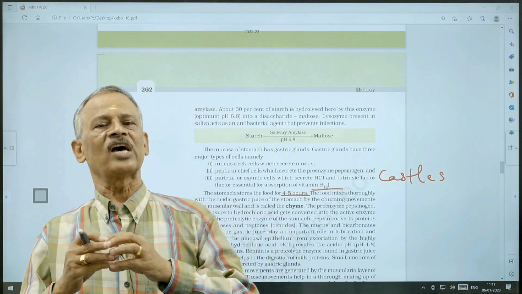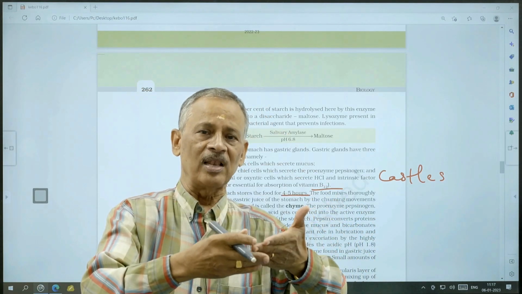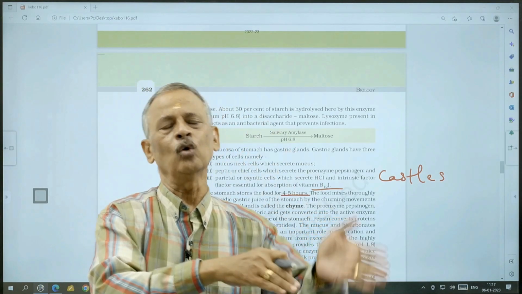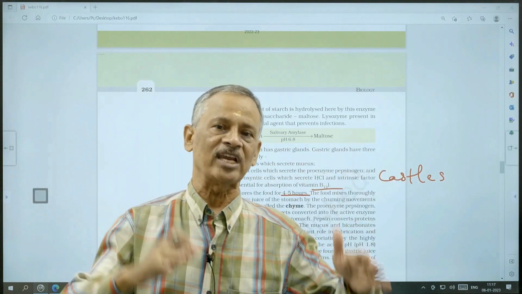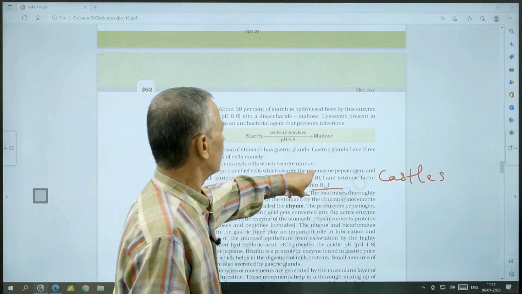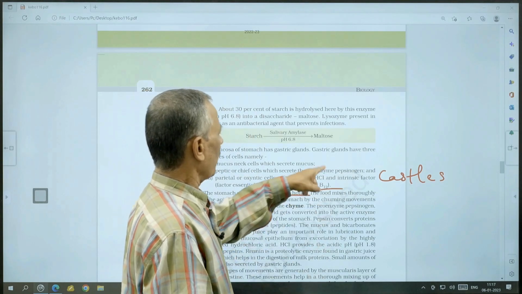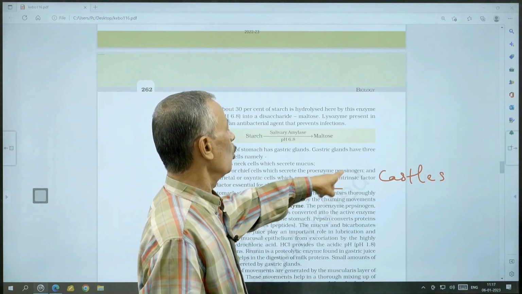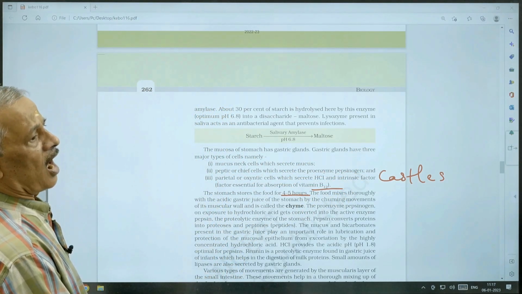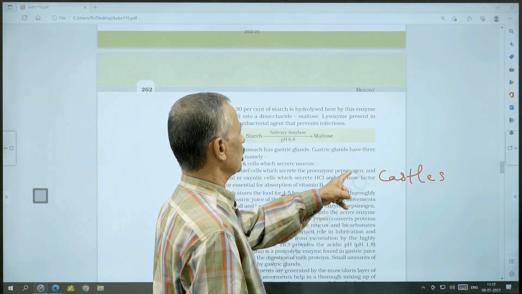When this proenzyme comes out of the gland, some factor will activate it, and that's how the proenzyme is converted into active enzyme. This is called activation. Similarly, we have the proenzymes pepsinogen and prorenin. Pepsinogen is converted into pepsin by the action of HCl. So HCl is also responsible for activation of pepsinogen to pepsin.